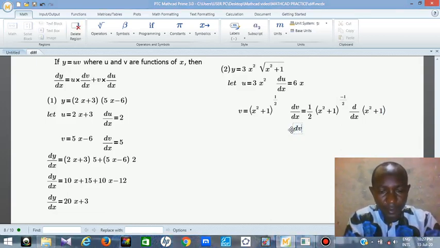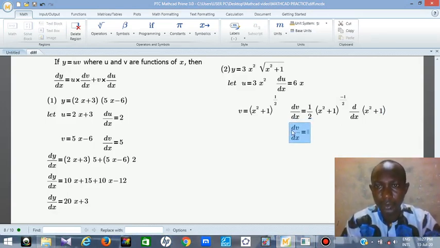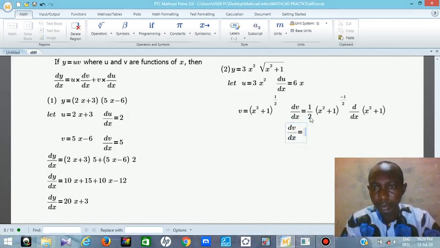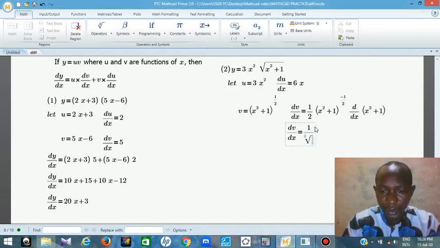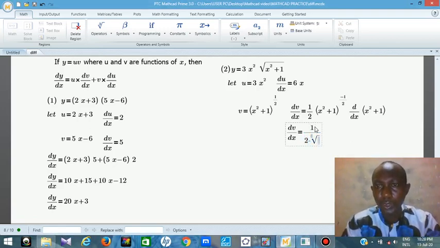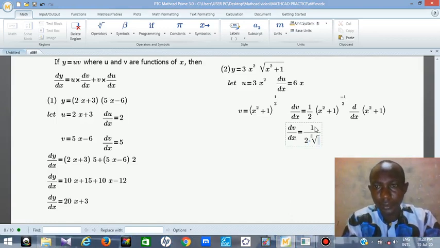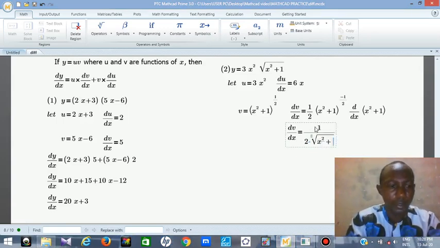So dv/dx will now be equal to what? 1 over 2. Then remember this bracket is raised to the power half, so I'm going to have 1 over this value raised to the power half, which is the square root, so 2 root x squared plus 1.